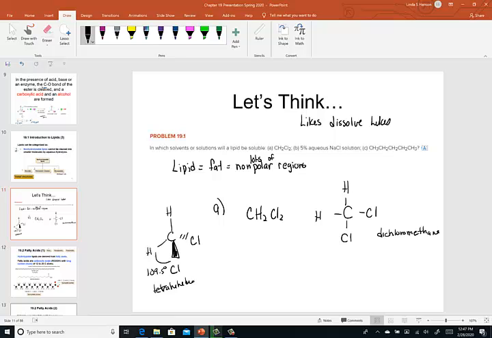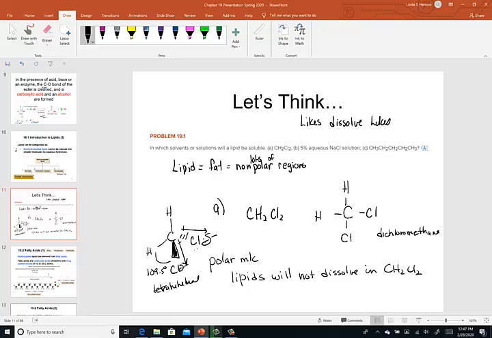I say all that because this molecule is very polar, pulling the electron density towards the chlorine. Since CH2Cl2 is polar, and lipids are nonpolar, they're not going to form a solution. So lipids will not dissolve in our CH2Cl2.